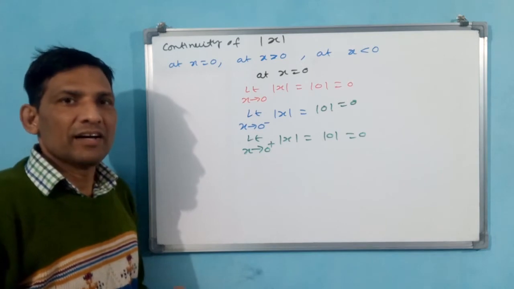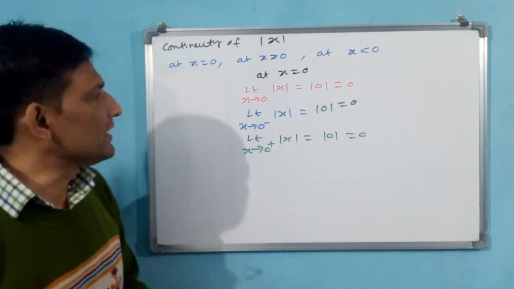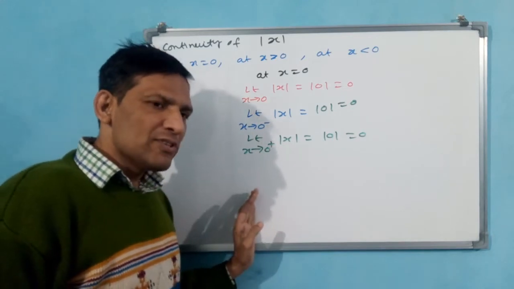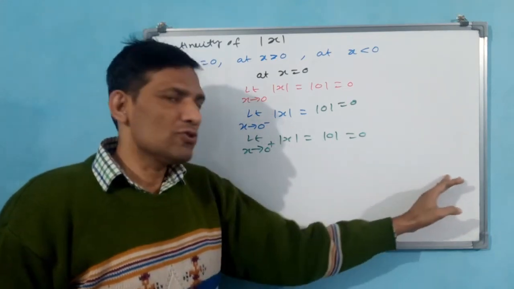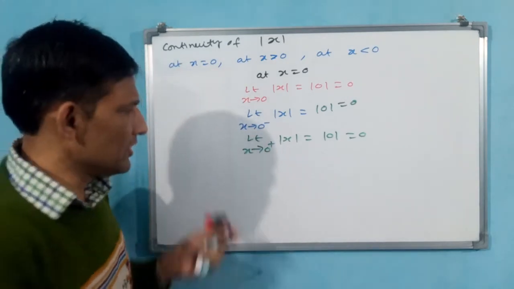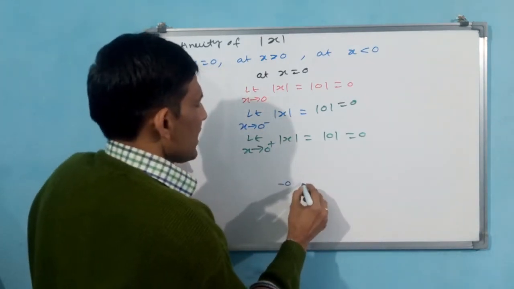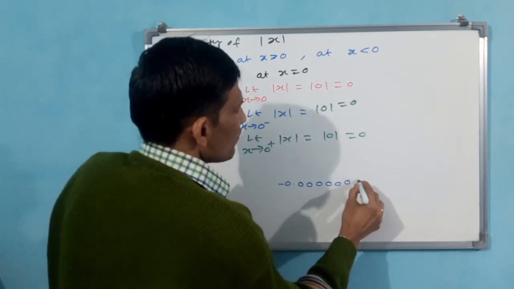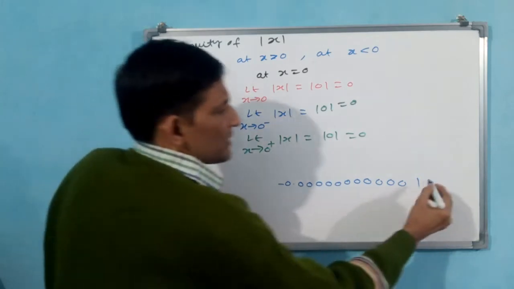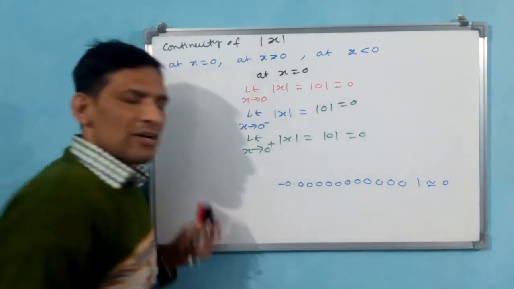See, practically if we think 0 minus means 0 minus 0.00000000000 with the last digit being 1. Like this it will be, minus 0 point. See how many zeros you want to keep, you keep. Afterwards only 1 will come. But can you write this equal to 0 or not? You tell me. Why?